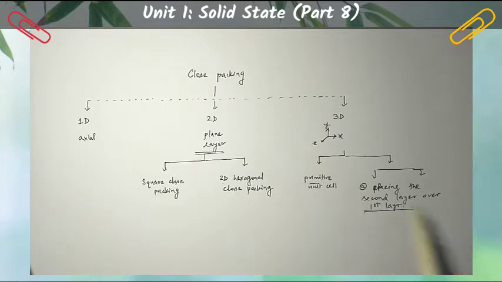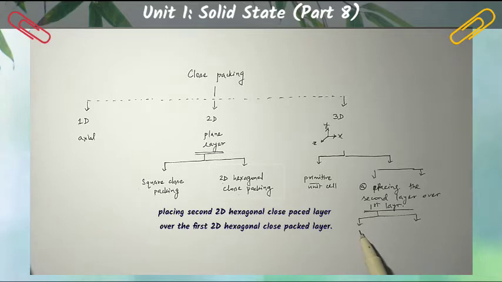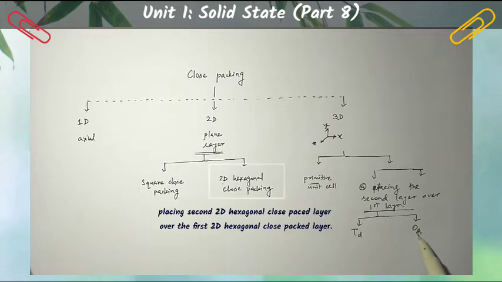And in this case we have two types of voids. When we place the second layer over the first layer, then we get two types of void. The first one is tetrahedral void and the second one is octahedral void. So this is the first case, that means placing the second layer over the first layer.